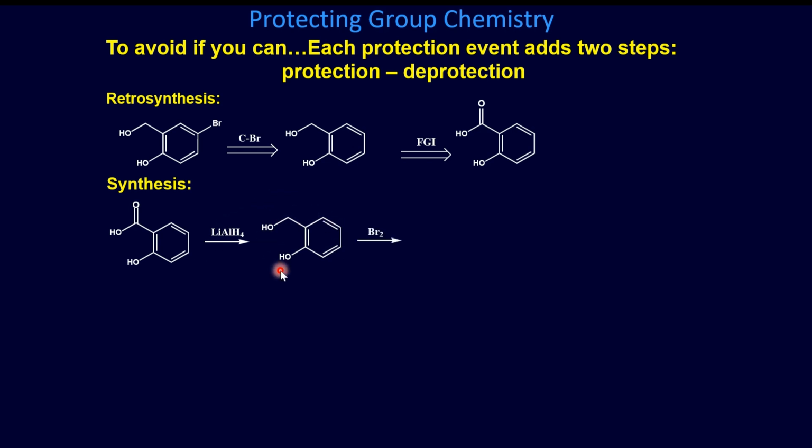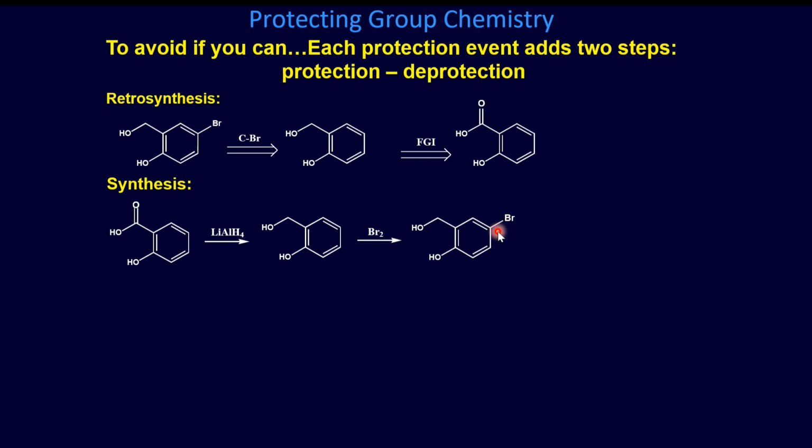When I brominate this, this OH is ortho para directing. Ortho is already blocked. That's why it directs the incoming bromine towards the para position.